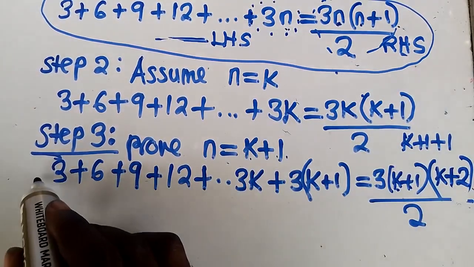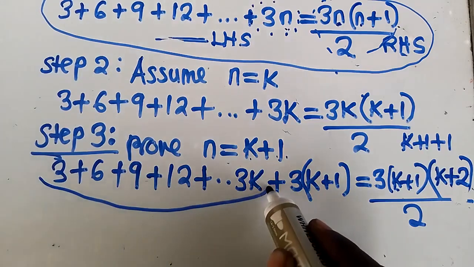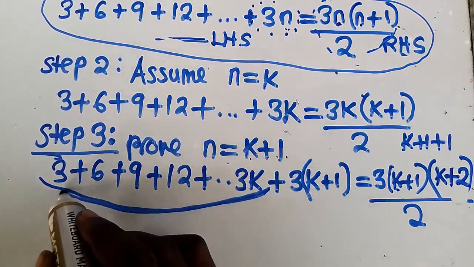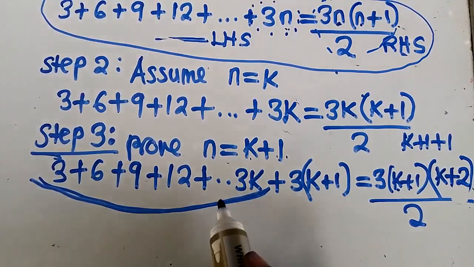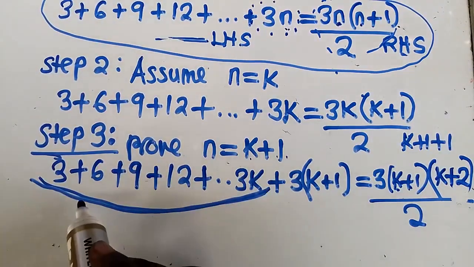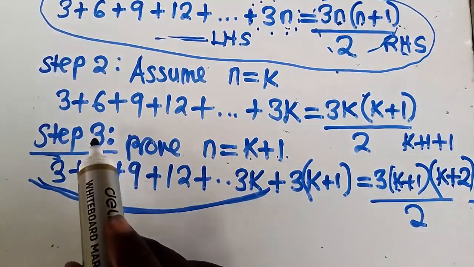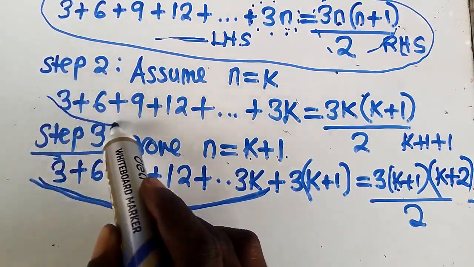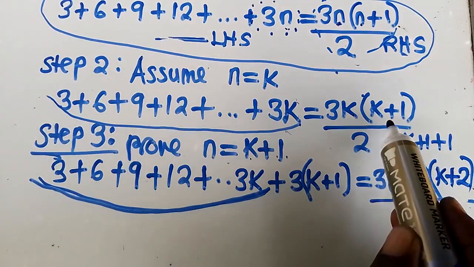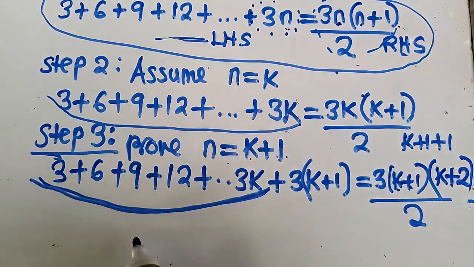Then if you look at this statement here, have you seen? When you look at step 2, what did you say? We assume that this statement here is equal to what? Is equal to that. So this is what I'm going to do.